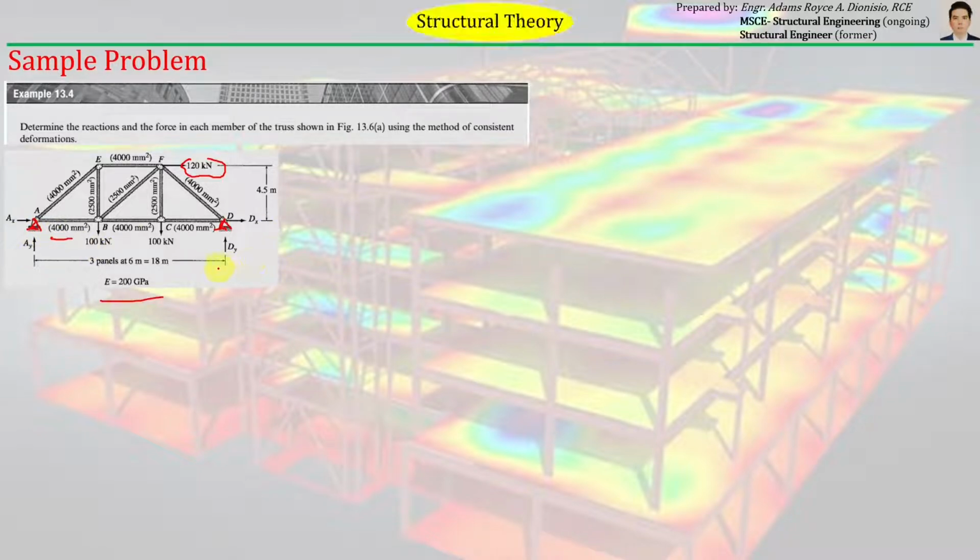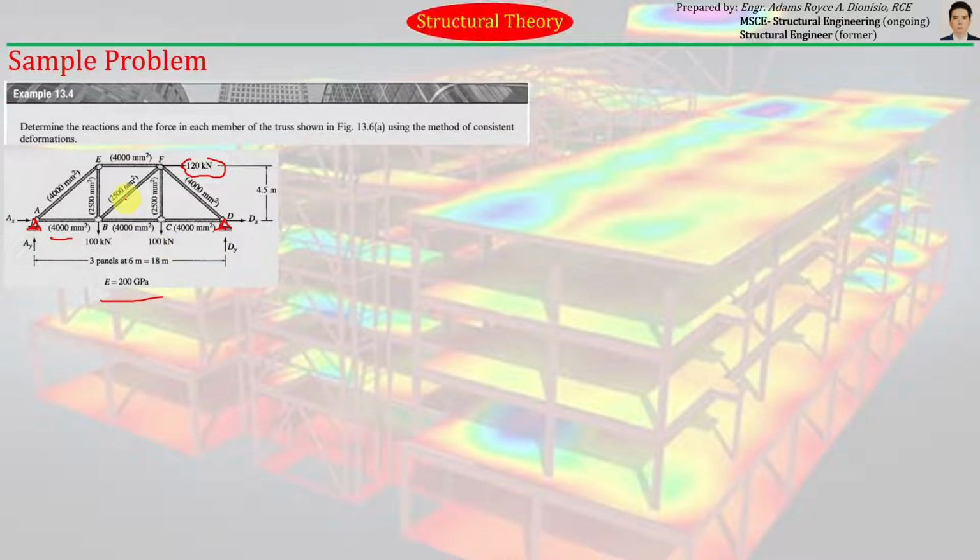You can simply compute the degree of indeterminacy using the formula for the degree of indeterminacy applied to truss. I think we have discussed that already in previous topics. But for this type of problem, we can easily see that the degree of indeterminacy is equal to 1.